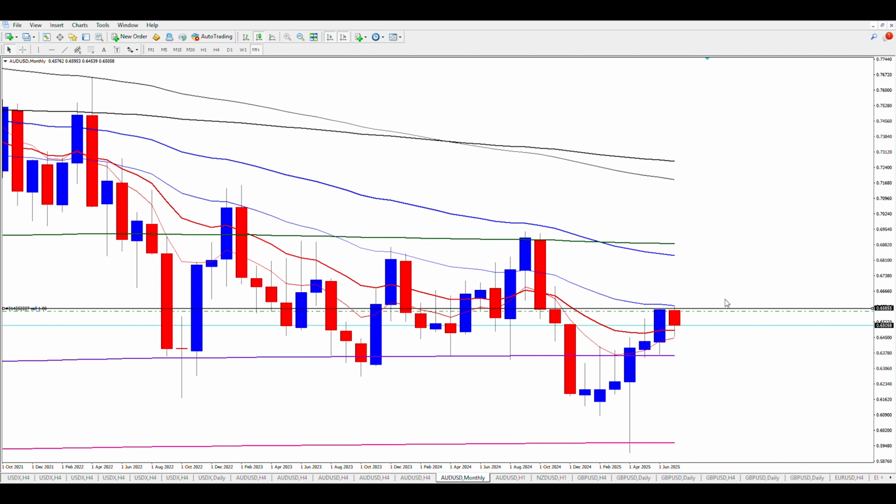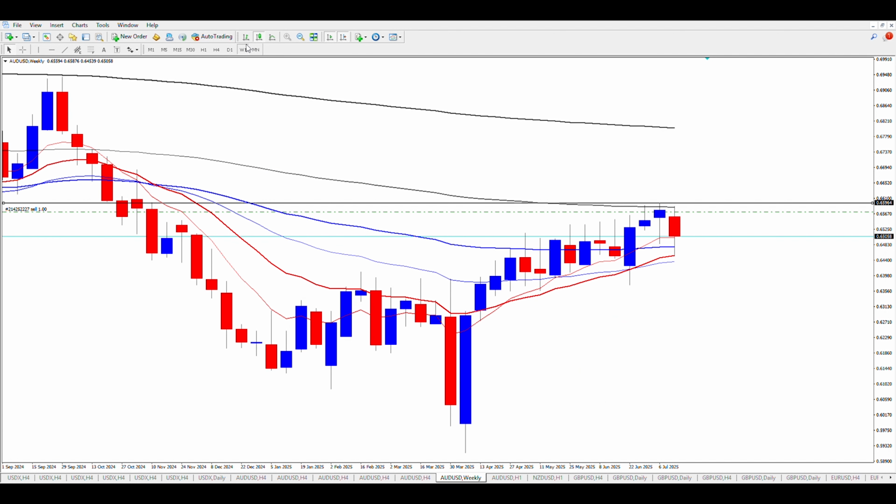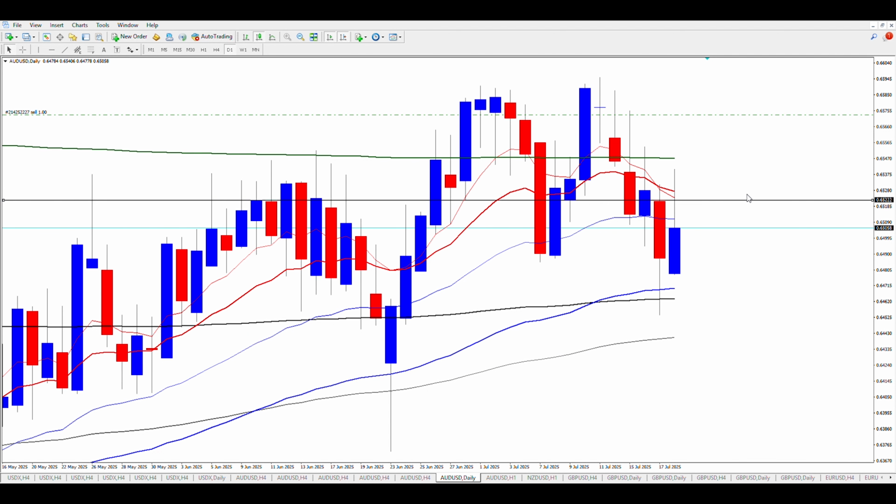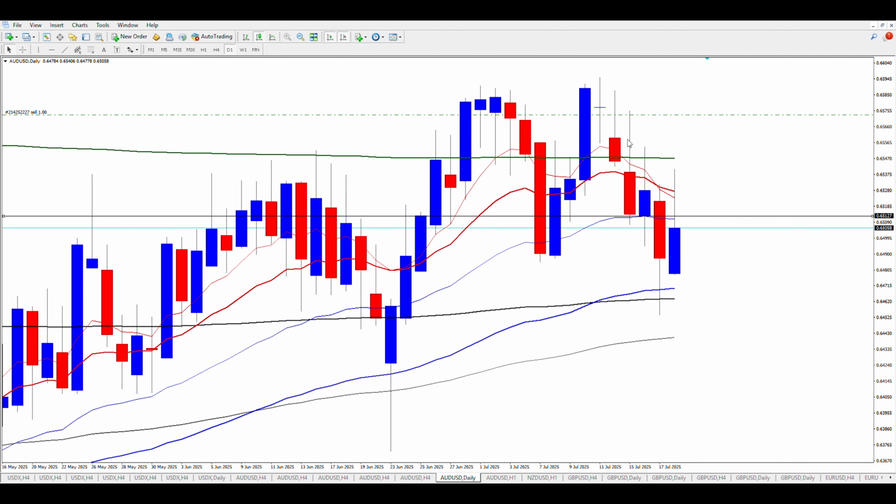We expect to see maybe a fundamental pushing price lower, but here we are just aligning ourselves with quite an understanding. On the weekly, the price closed above the support, and the weekly low tested the support at 0.64533. On the daily time frame, we saw a change in trend, but on Monday and Tuesday, price closed on the support and went up.